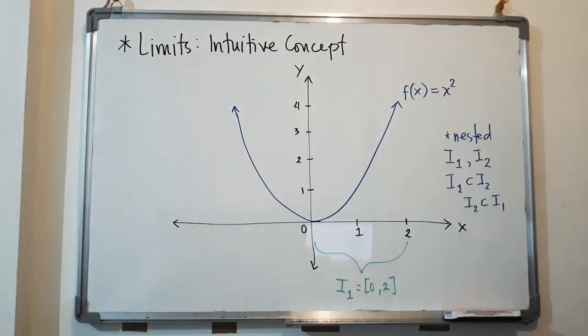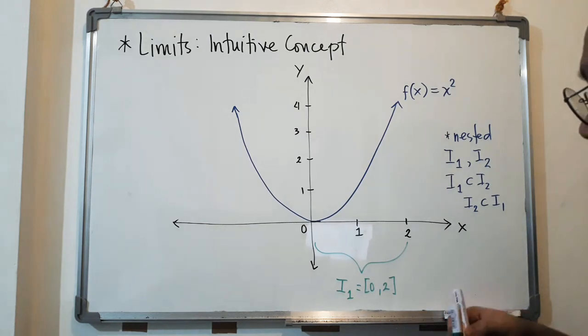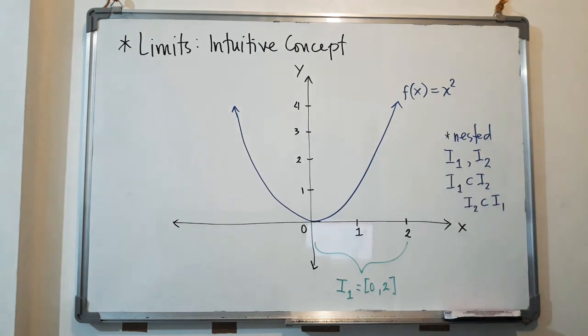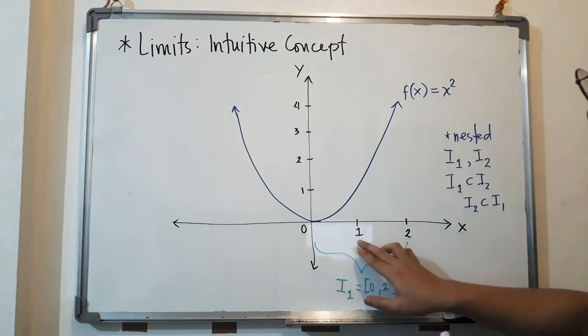Okay? So, we have this closed interval from 0 to 2. Now, let I sub 2 and I sub 1 be nested intervals, centered at A equals 1. So this is our A equals 1.